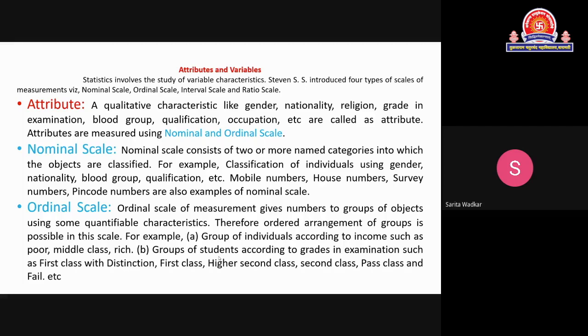So what we find here is that A is the shortest and C is the tallest. In this case of heights, A, B, C may not be equispaced, however they possess equispaced ranks. So what we understand is that the ordinal scale of measurement gives numbers to groups of objects using some quantifiable characteristics.